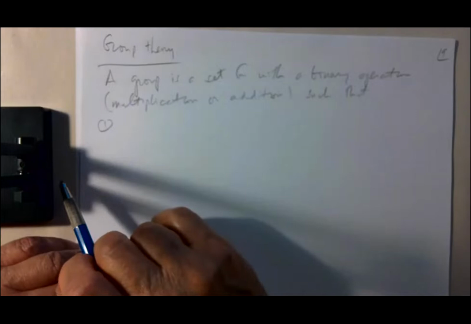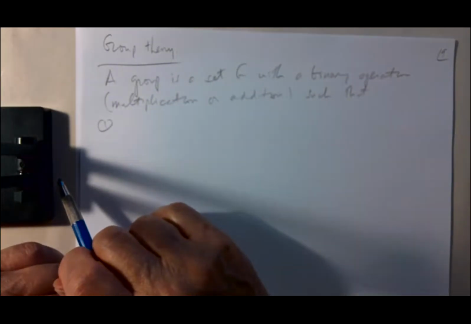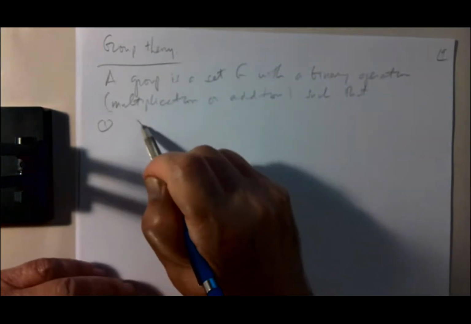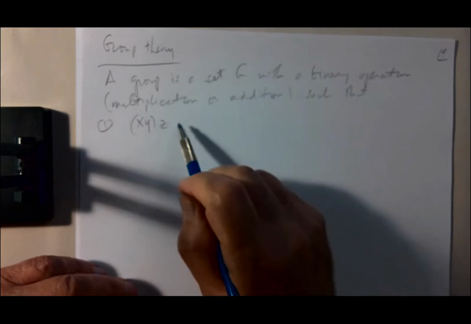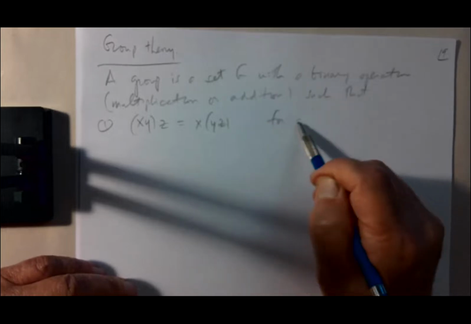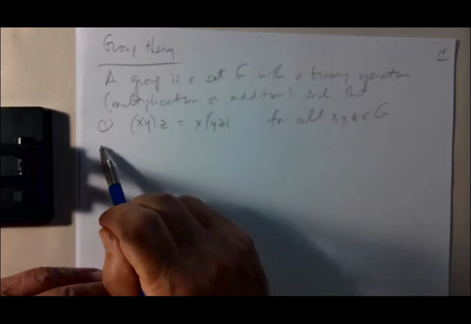First of all, the operation is associative. I'll write the operation as multiplication, but same as addition. If you take x, y, you can multiply them and multiply that by z. That's the same as x times the product of y and z, for all elements x, y, and z in the group.